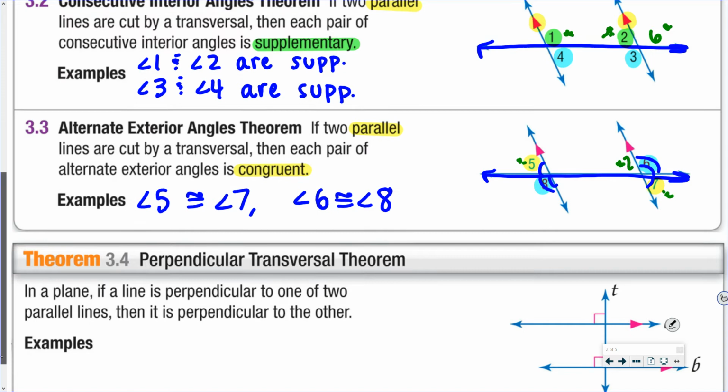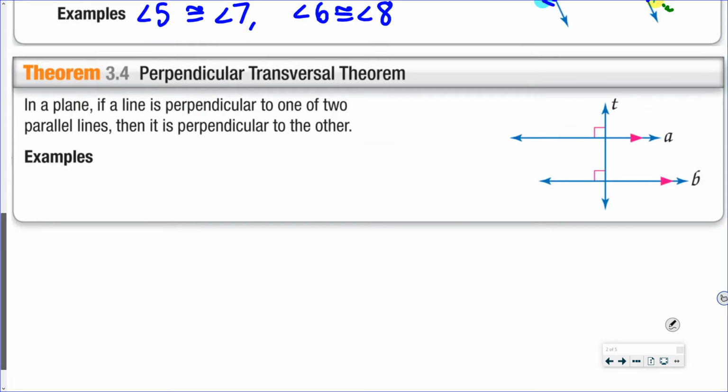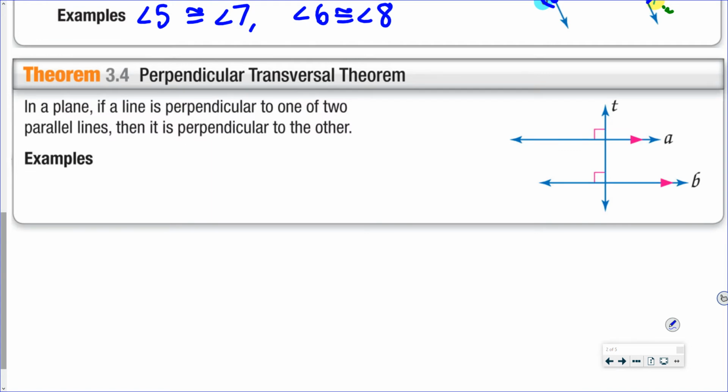All right. Last theorem. This one kind of feels like a common sense theorem. This works if these 2 lines are parallel, A and B are parallel. So let's write that down. If line A is parallel to line B, that's from these markings. All right.